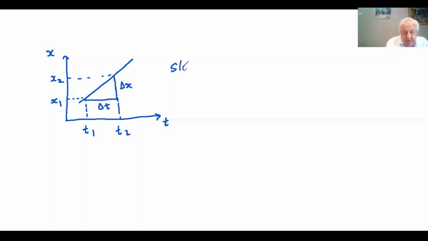The slope is going to equal X2 minus X1 over T2 minus T1. The final position is bigger than the initial position, so this interval will be positive.